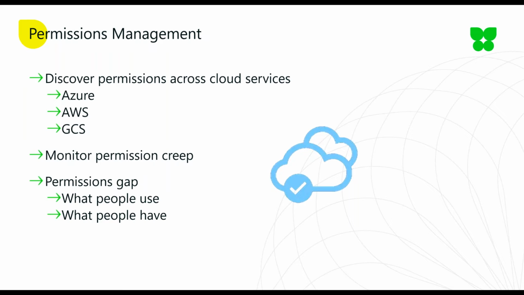If somebody has admin rights in AWS and they don't actually use them for 6 months, the chances are they probably don't need them all the time. Or maybe they only need a part of the admin. By using permissions management, we can see this gap and we can remediate it. We can remove those extra privileges that people have that they don't actually need anymore.